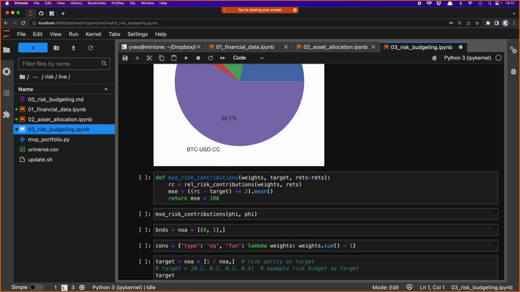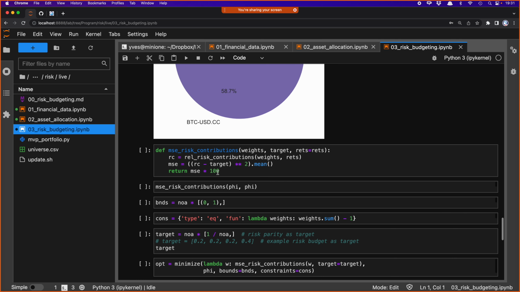The mean squared error is now used as a measure to arrive at a target risk budget. And I want to get started with the risk parity, right? In that sense, I want to minimize the mean squared error of the risk contributions as compared to a target. Again, risk parity is just one case.